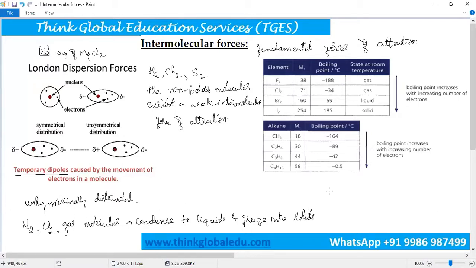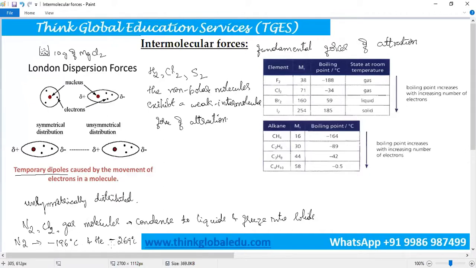As an example, nitrogen gas liquefies at a low temperature such as minus 196 degrees Celsius, and also helium can be liquefied at minus 269 degrees Celsius.